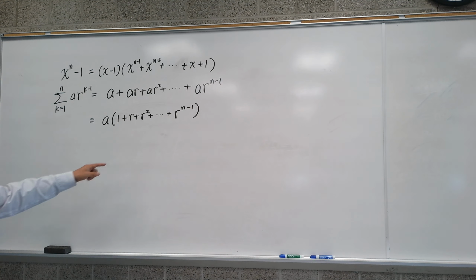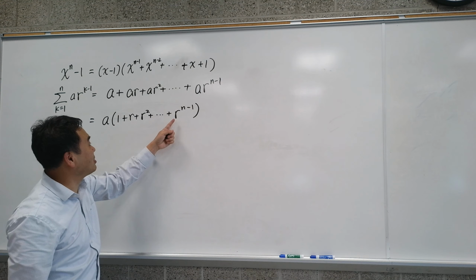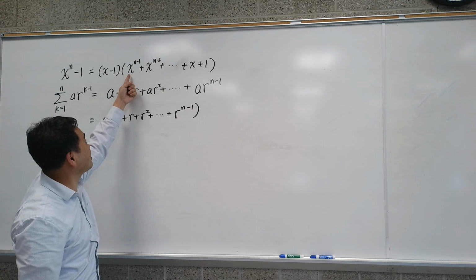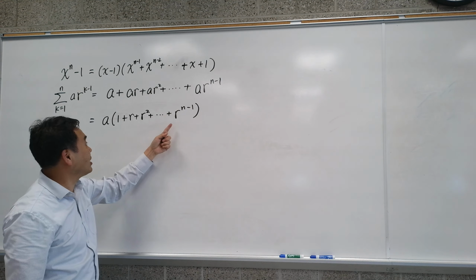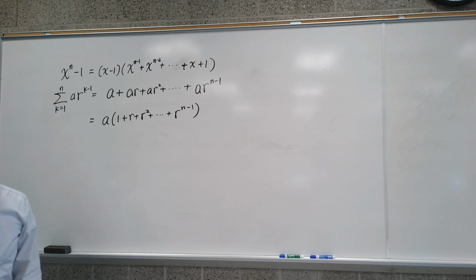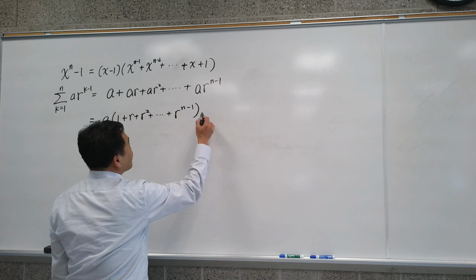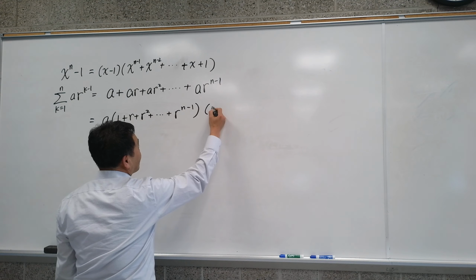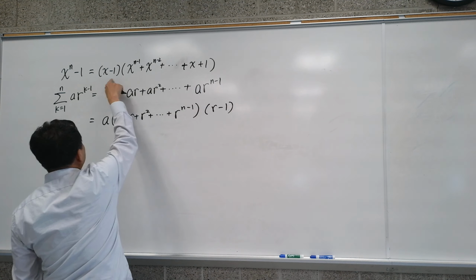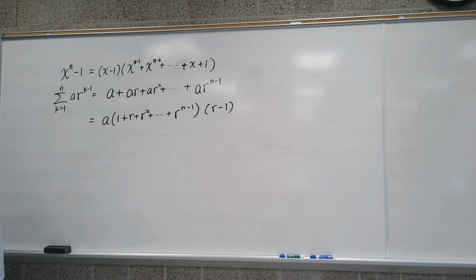Wait, that's exactly like this part, except that instead of x, I have r, and it's just written backwards. Do you agree? It's exactly the same thing, just written backwards, right? So what I can do is just invent a r minus 1, because that's what makes it like that, okay? But there's no free lunch.